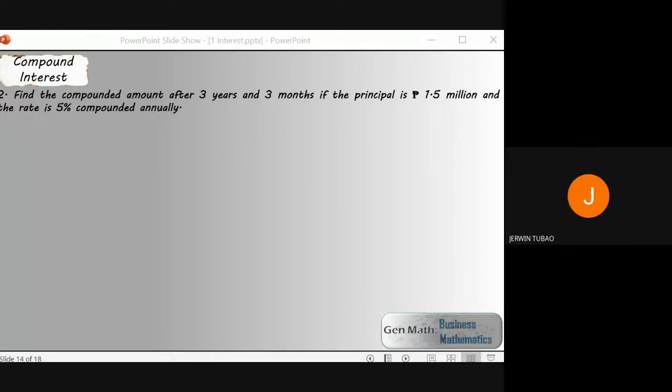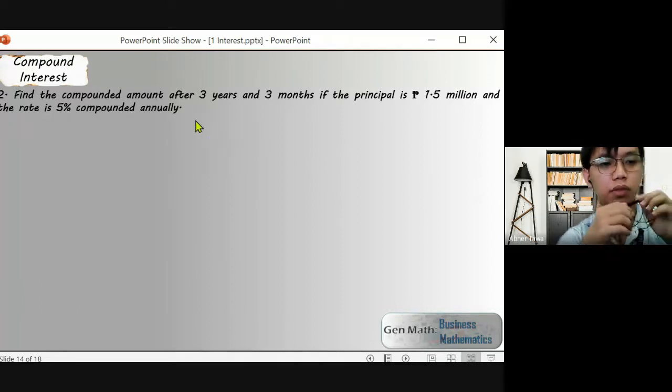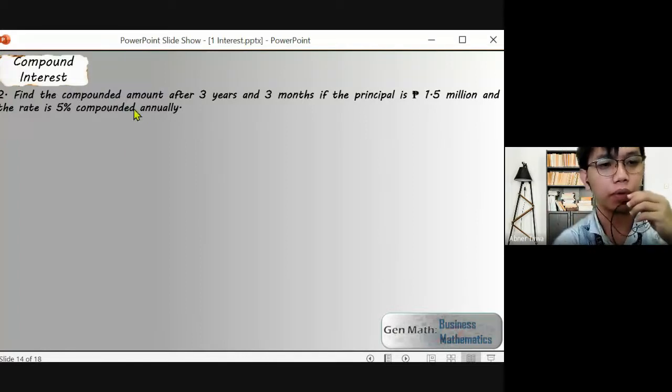Find the compound amount of 3 years and 3 months if the principal is 1.5 million pesos and the rate is 5% compounded annually. Okay, thank you. So that is compounded annually. Thank you for reading.